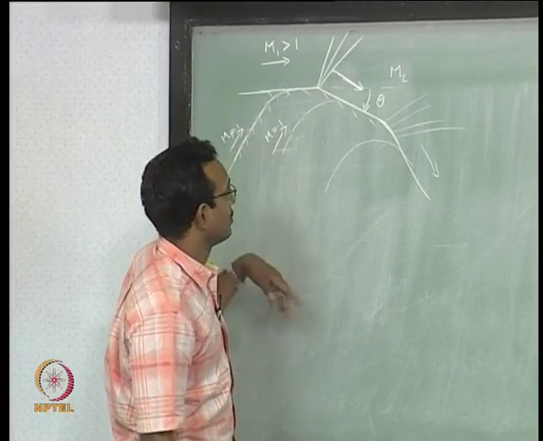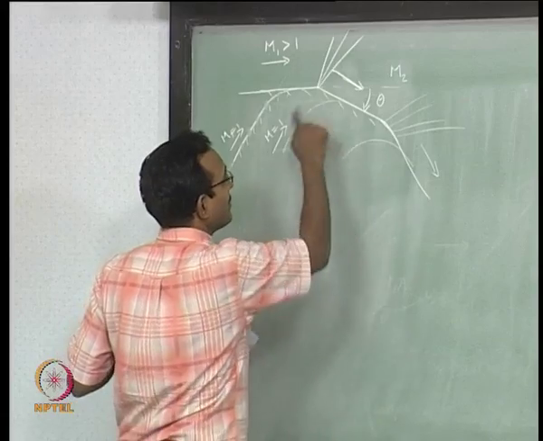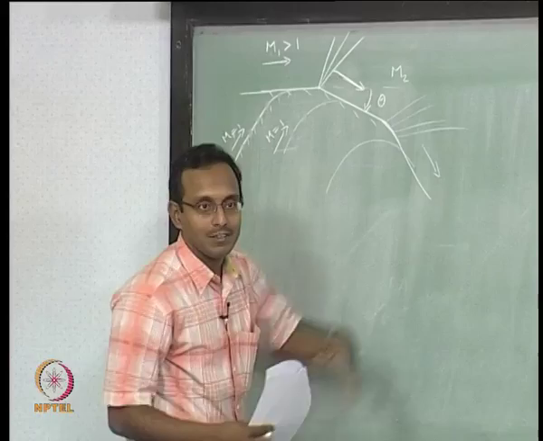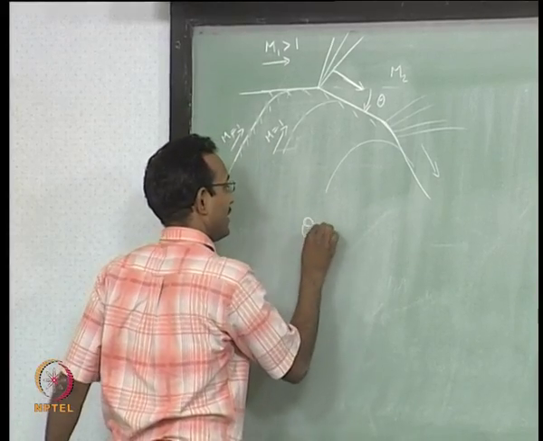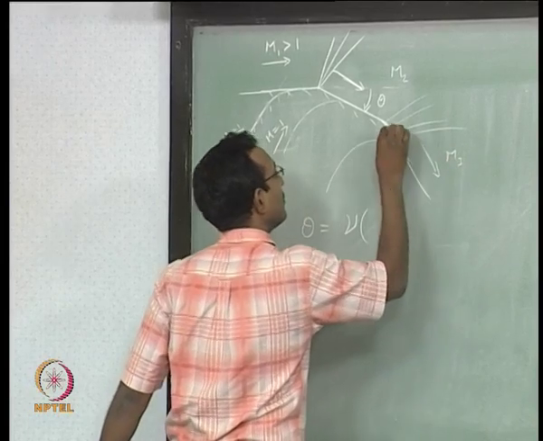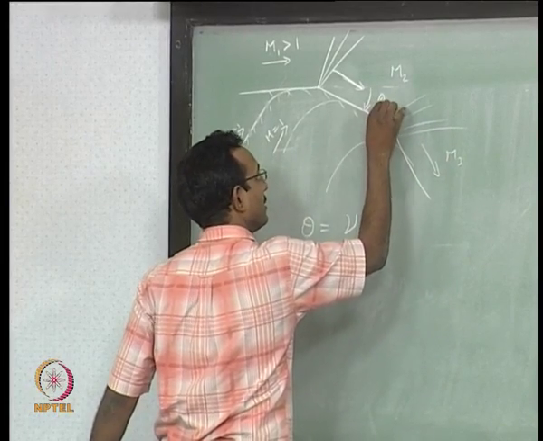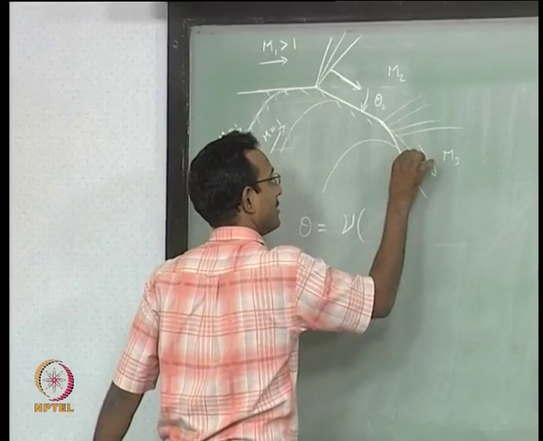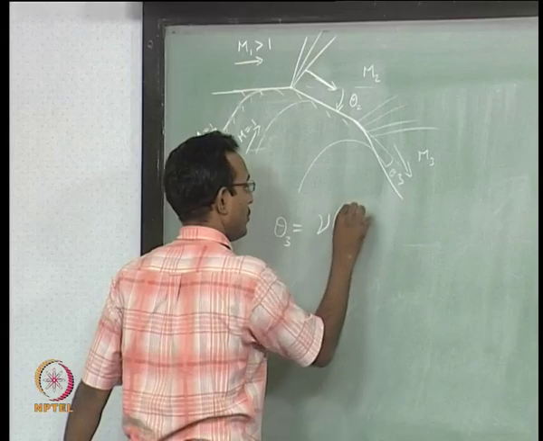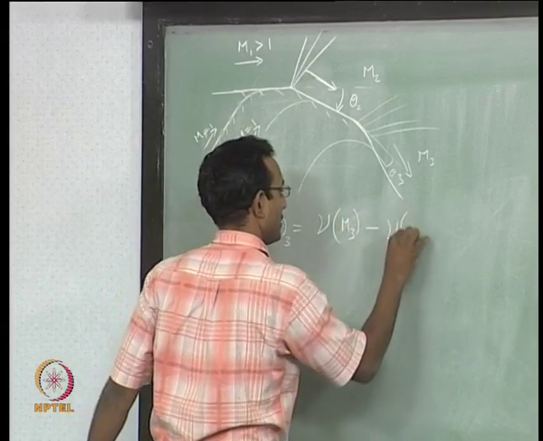And what will be the difference? I stop here, I continue to move over here. I will call this m3 now. Oh, I named it theta. I call this theta 2 and I will call this theta 3. I will put theta 3 equal to nu of m3 minus nu of m2.